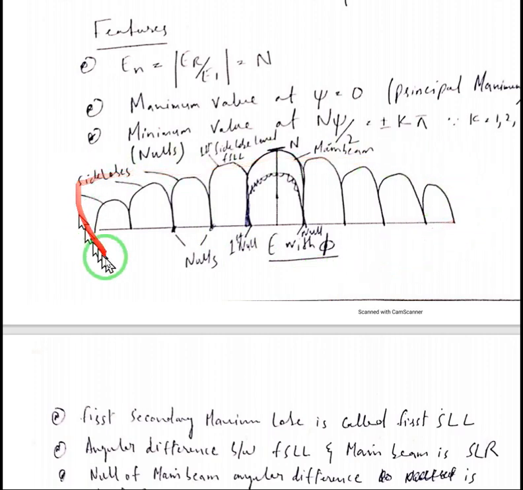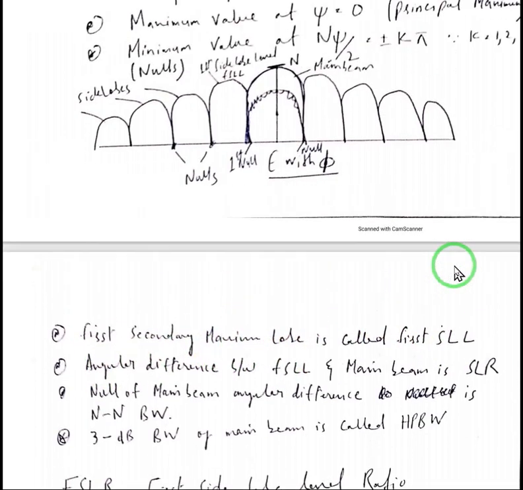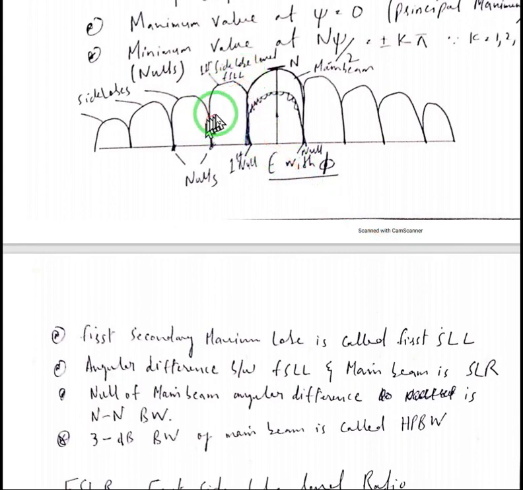This diagram is basically constructed over E and phi, that is E at the horizontal and phi at the vertical axis. The first secondary maxima lobe is called the first SLL, that is defined here, this one or this one.